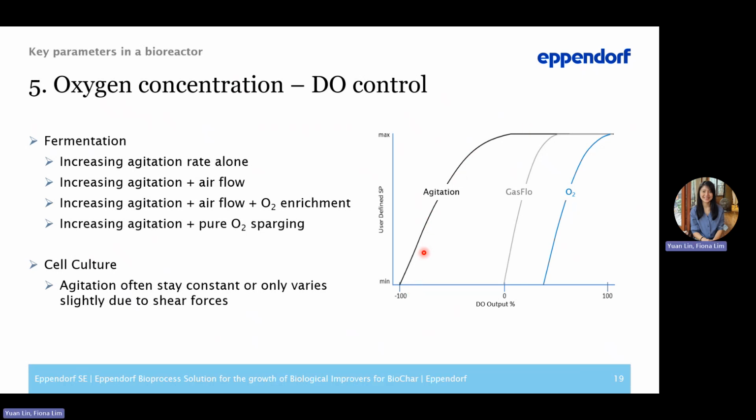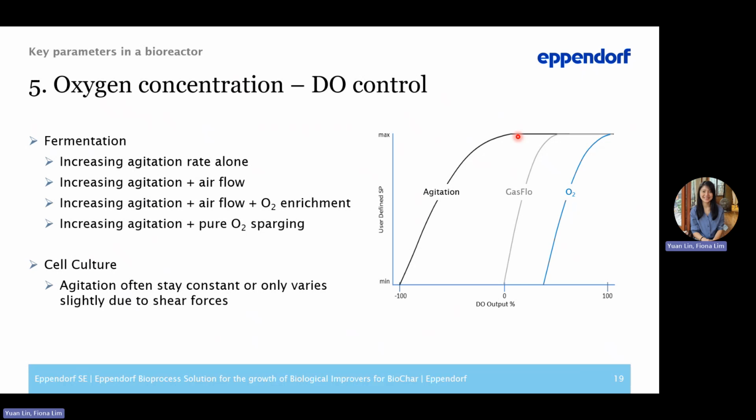So essentially, it will keep increasing for the cells while the cells continue to grow more and more in cell number. And the agitation also reaches a rate where it hits its maximum, usually 1,000-over RPM, revolutions per minute.